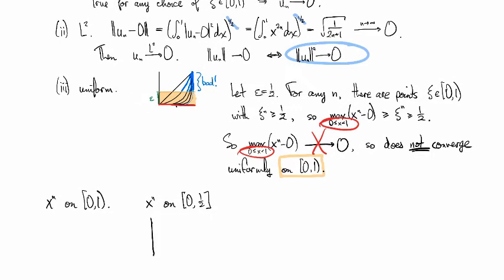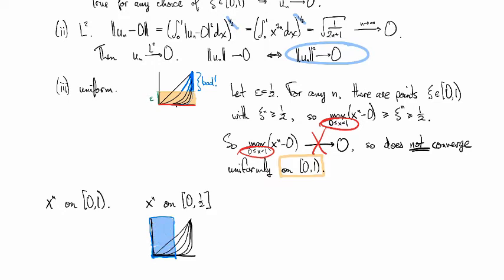Well, let's take another look. I have this one and so forth for this sequence of functions. But now I'm only looking at this domain from 0 to 1/2 right here. So my view of the world is restricted to just what's in this blue window. Forget about anything outside of this window.